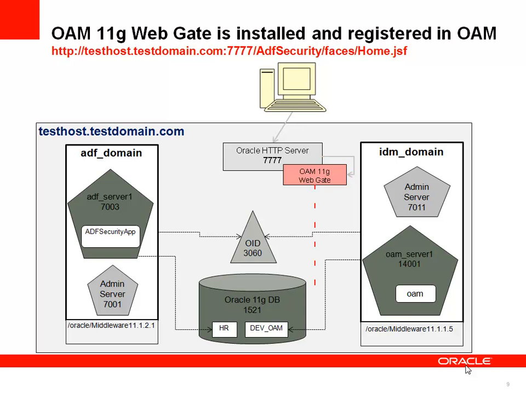Next, the WebGate will communicate with the Access Manager server to find out if the resource is protected or not. Access Manager has the authentication policies defined in the database. That's why it will access the DEV OAM schema to fetch what are the policies associated with this resource.